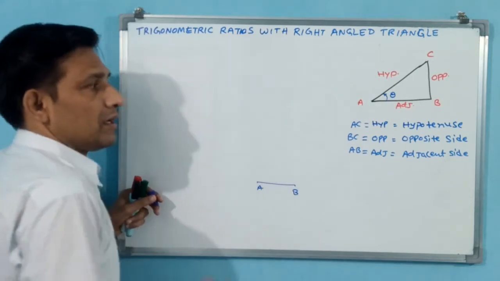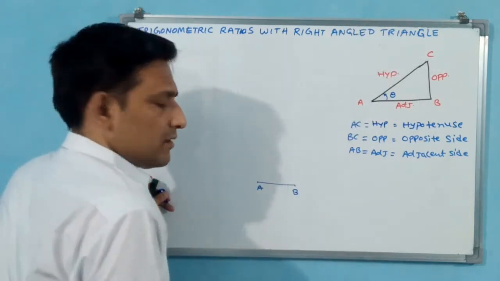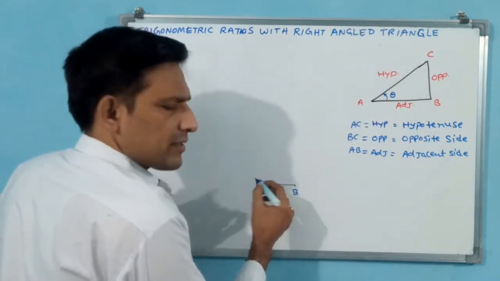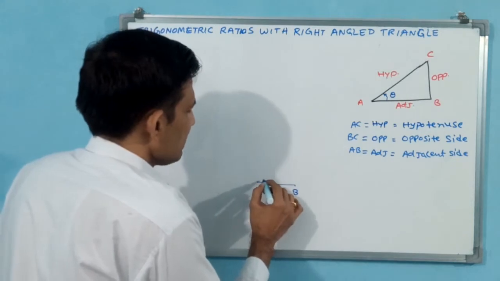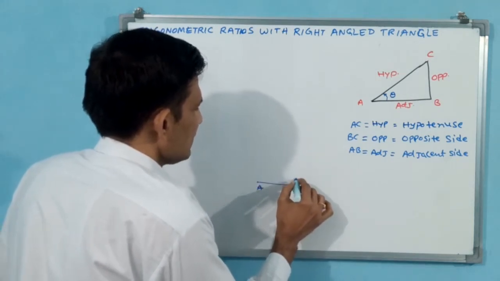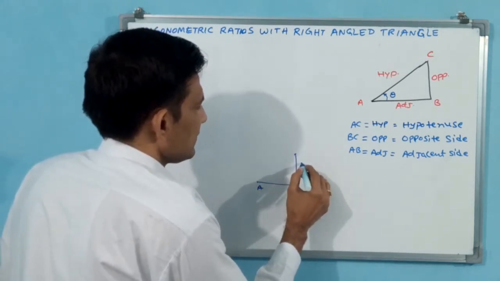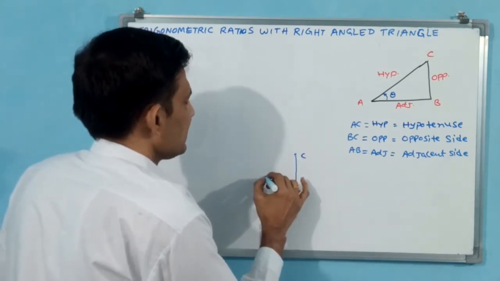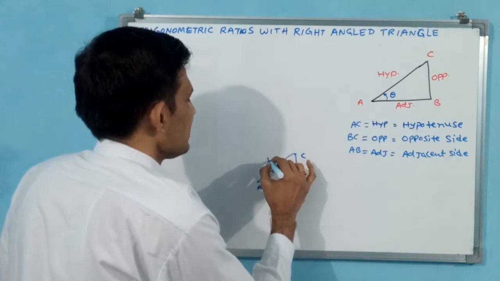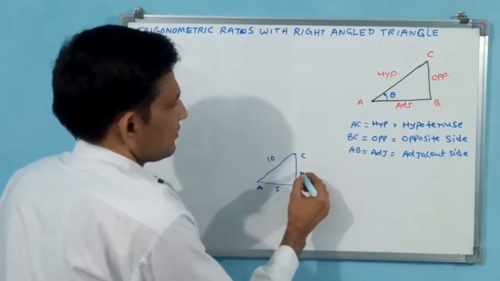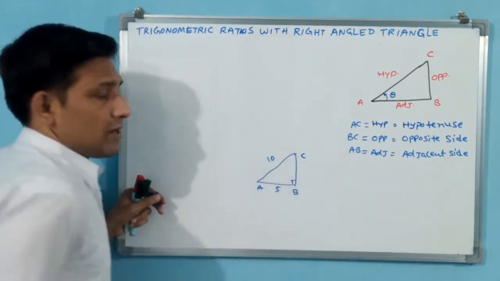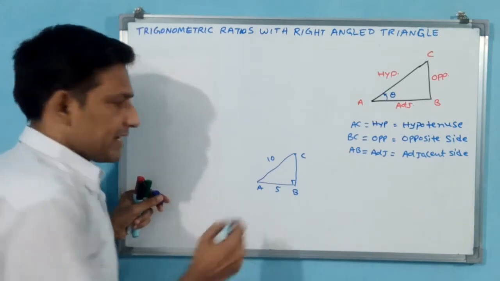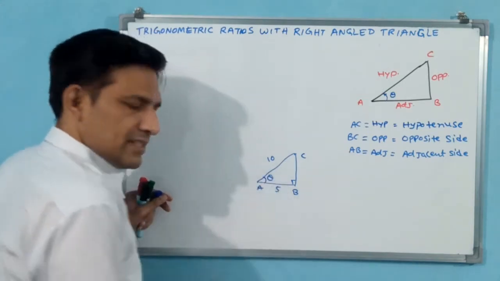AC also 5 centimeters or 10 centimeters. You say 10 centimeters. This is 5 centimeters, or some centimeters. Then say this is 10 centimeters. See, always it should be a right angle triangle. Then we can measure this theta.